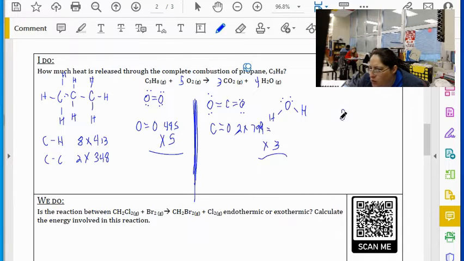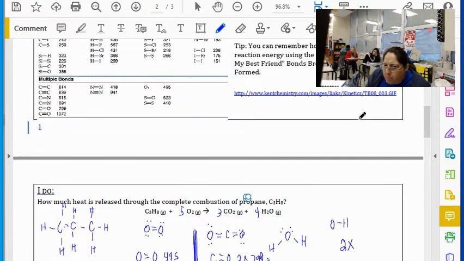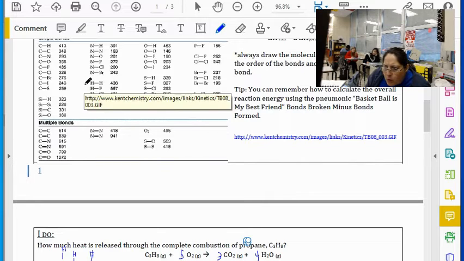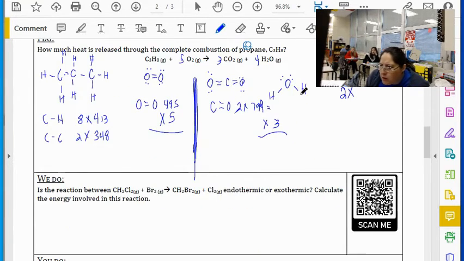And then over here, for my OH bond, I've got 2 times what? OH. There it is, 463. And then I need to take that and multiply by 4. Yes, it is 4. All right, so we're going to add all of this up and all of this up, and then we're going to subtract. Okay?